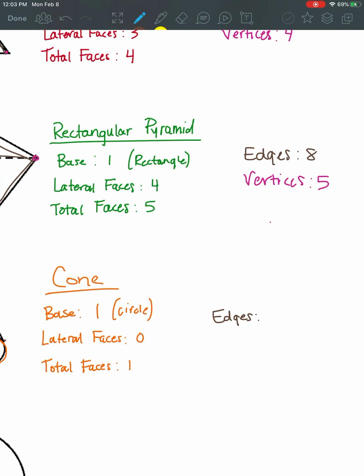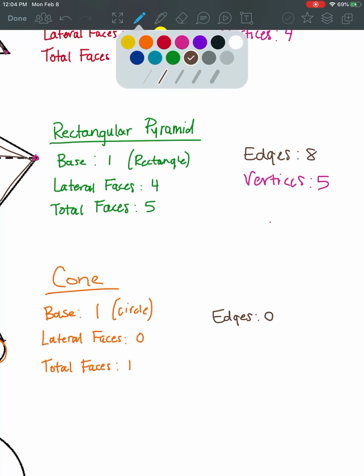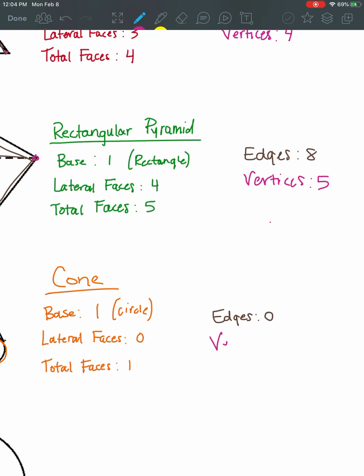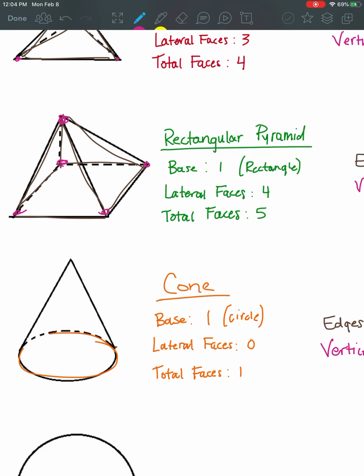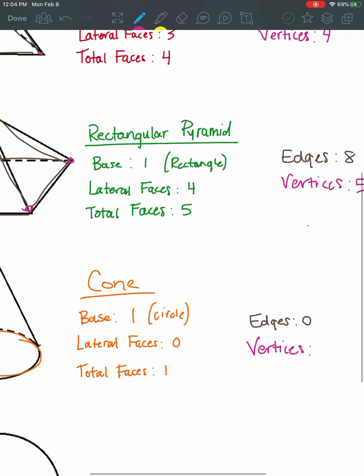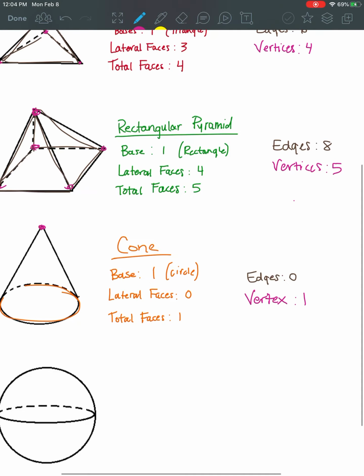So edges are 0, have to be where the faces come together. Vertices, there is 1 point here at the very tip where it connects. So there's 1 vertex. Vertices is plural, so there's just 1 vertex.